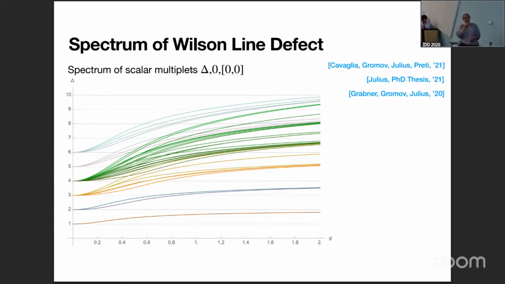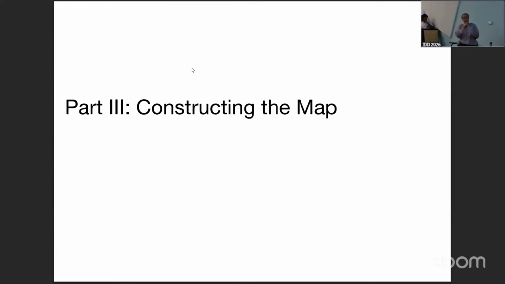If we can, in principle, find patterns that would explain this picture, that is what we were trying to do. That is my last part, called constructing the map. Let us see which steps we take in order to do that.